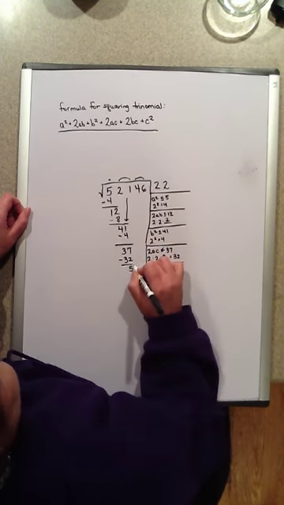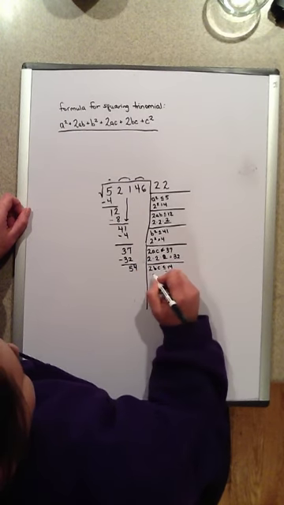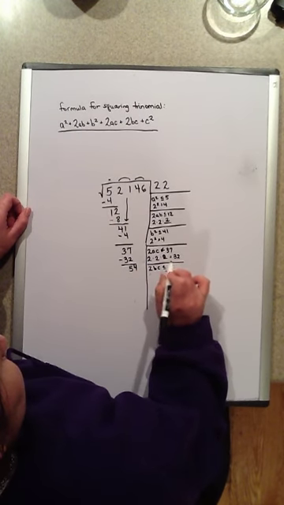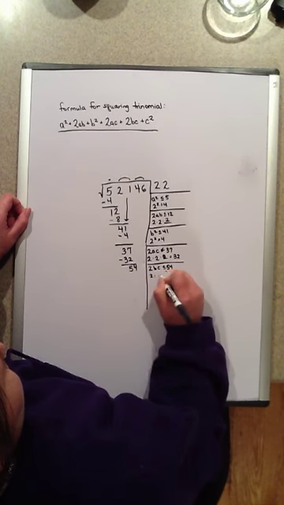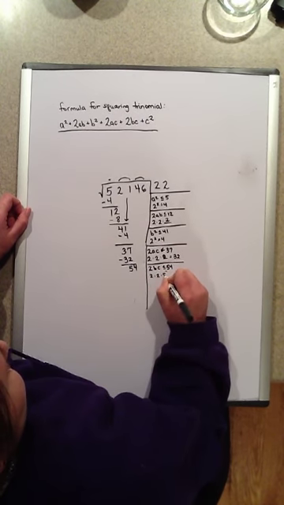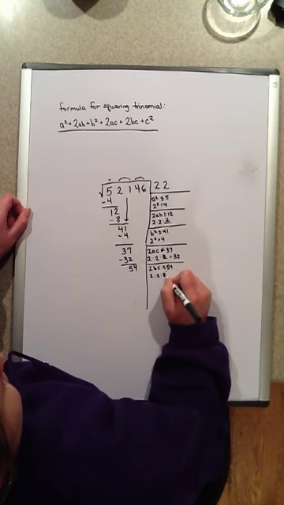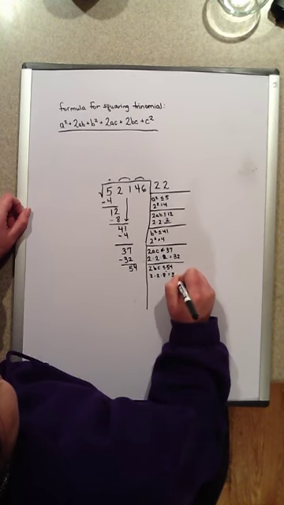We bring down this 4, 54. Two times 2 times 8. 4 times 8 again is 32.